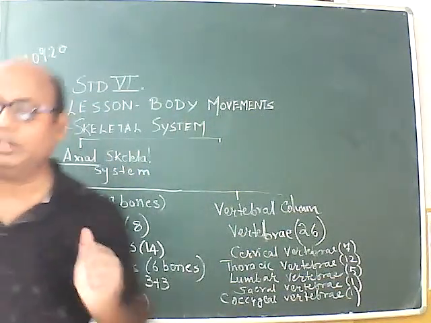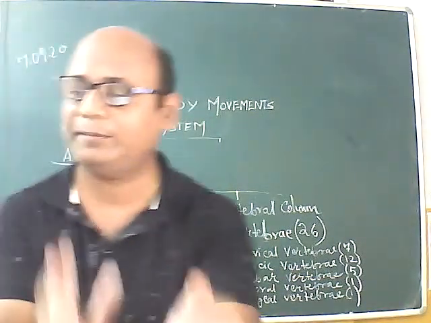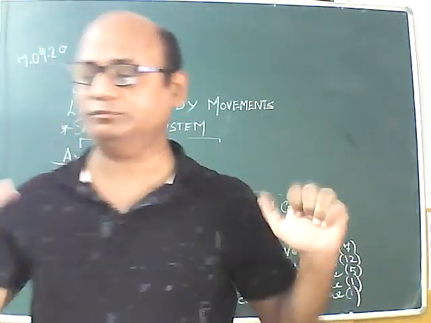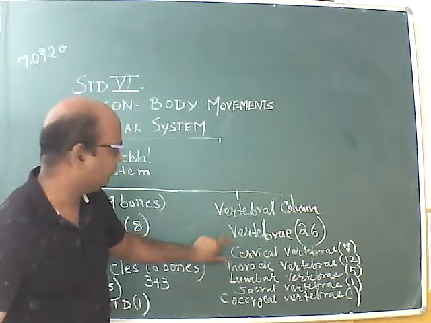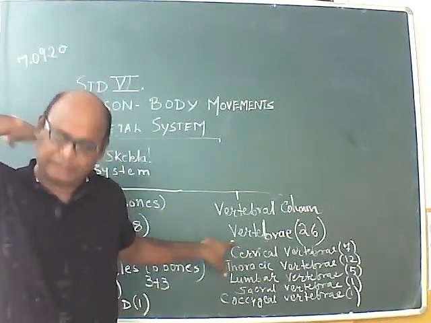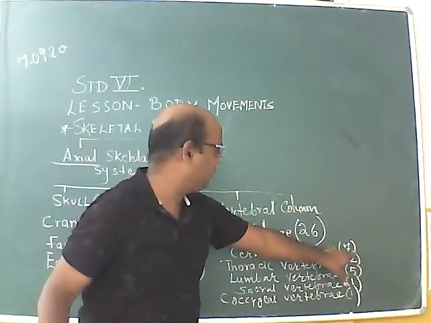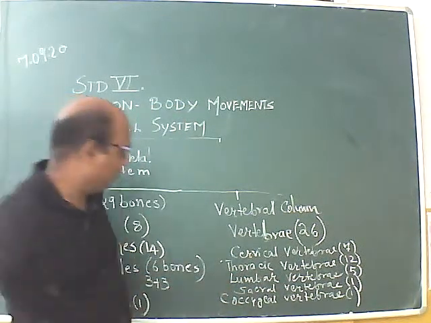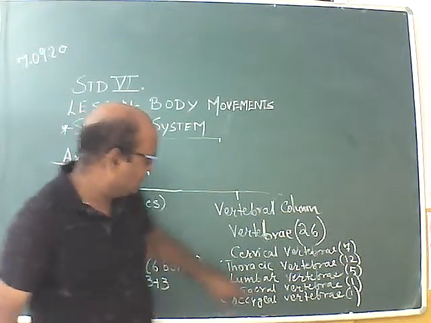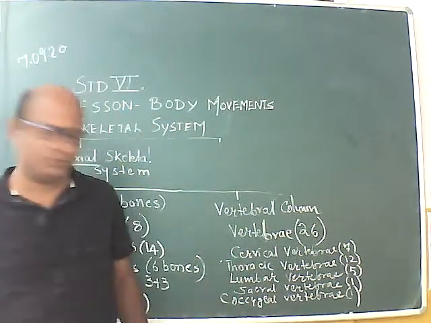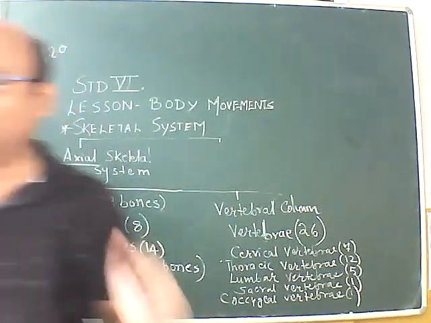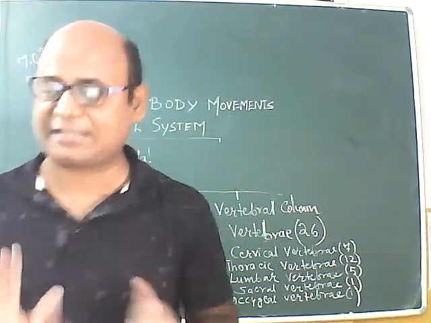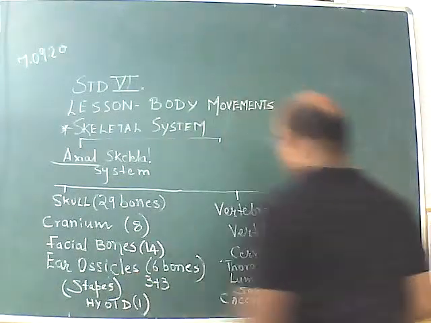So a total of 26 vertebrae are there in our vertebral column. What are they? Cervical vertebrae, starting with 7 vertebrae. Thoracic, this region, then below that lumbar, then sacral and coccygeal. So in total, how many bones are there in the vertebral column? 26. Is it clear to all of you?